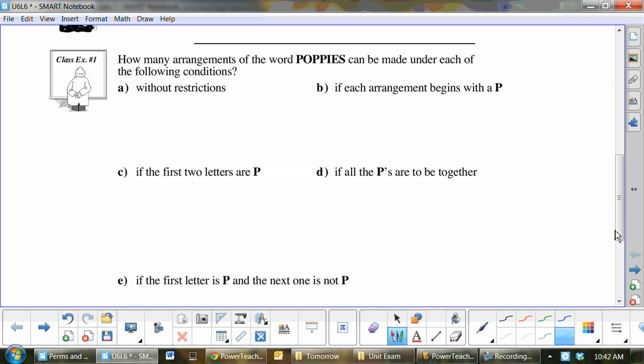And we have 7. Any repeats, you should write them down too. 3 P's. So we have 7 letters with 3 P's. Anything else repeated? So how many different arrangements could I make with these letters?